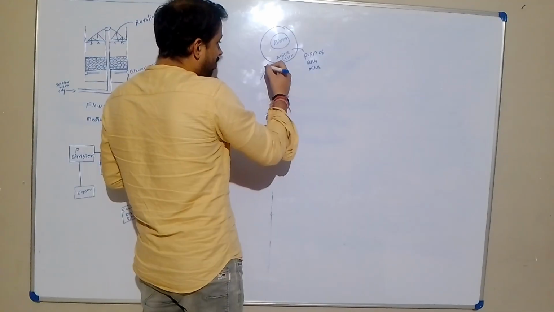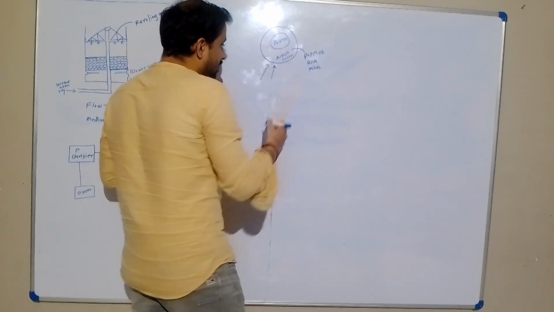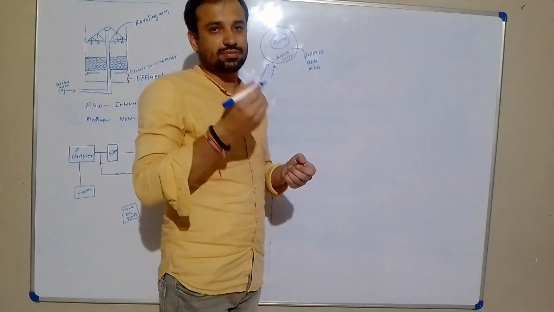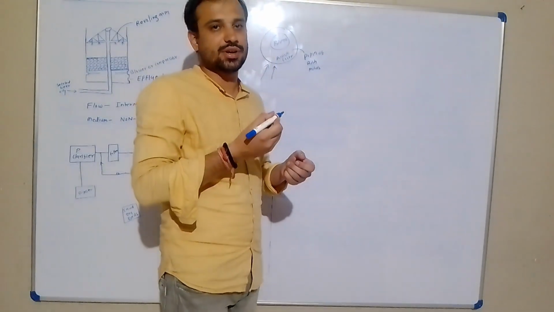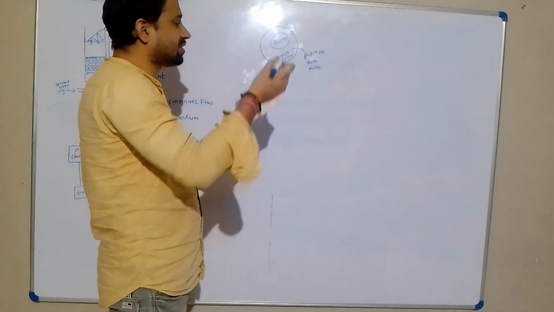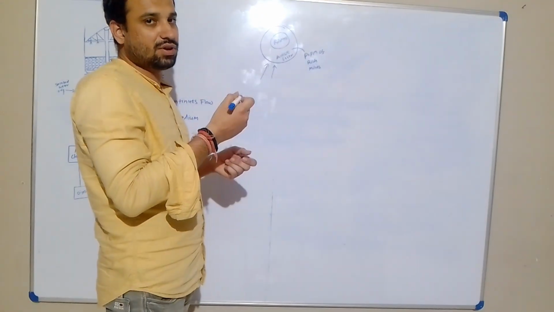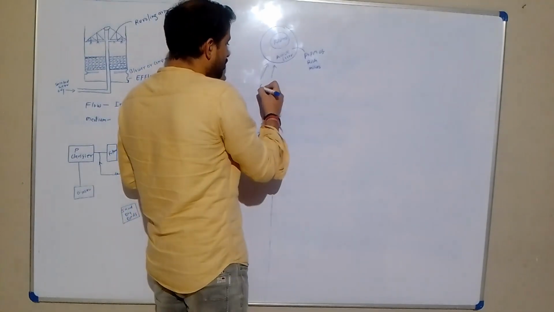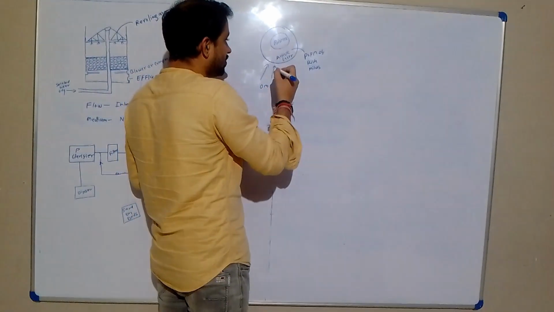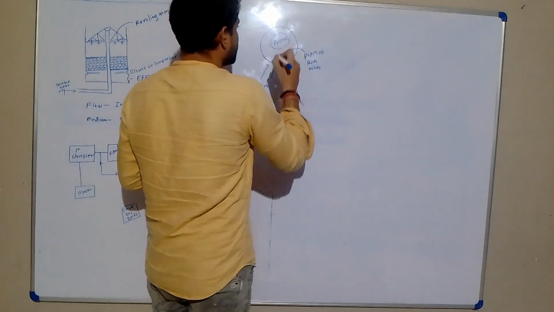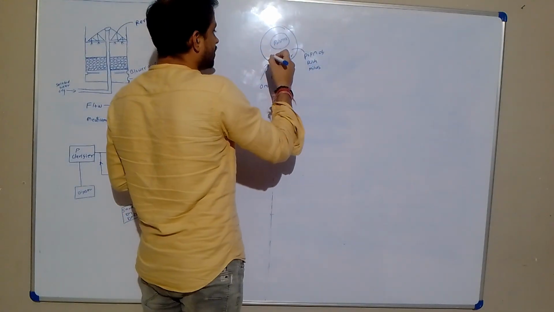What happens is, when the organic matter is decomposed by these microbes attached to the biomass layer, our biomass layer grows in size after the degradation of organic matter present in the wastewater. This organic matter is degraded by the microorganisms in this biomass layer.